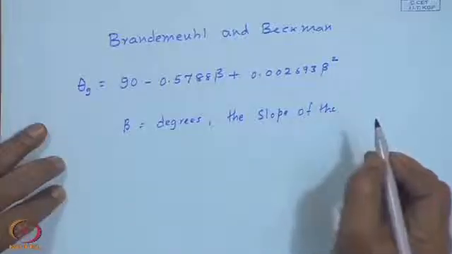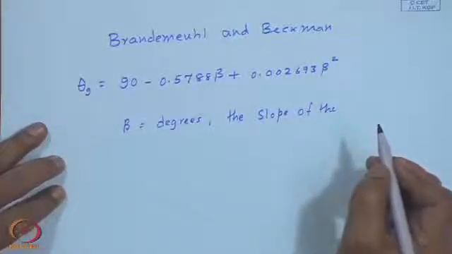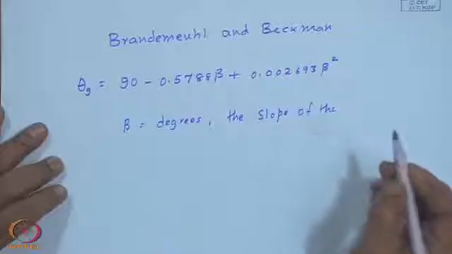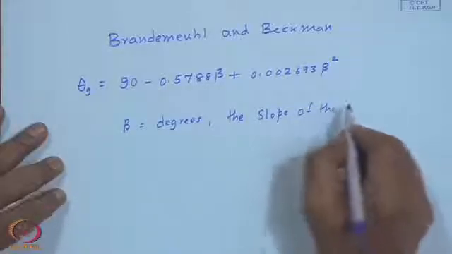Now, we can use the terminology collector, because this tau alpha deals with the collector instead of a general tilted surface as we have been doing in calculating IT, HT, etc.